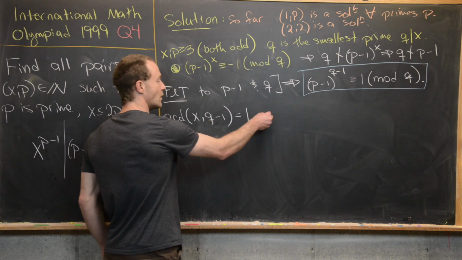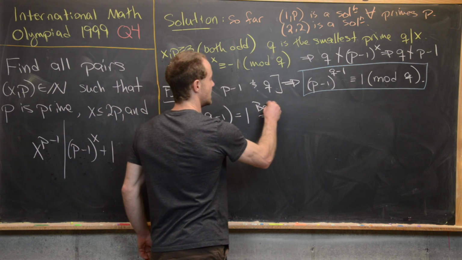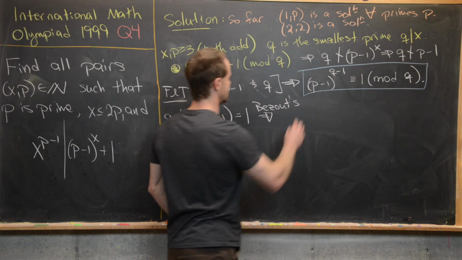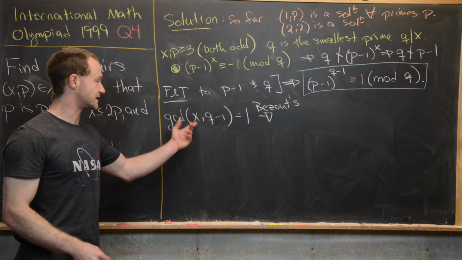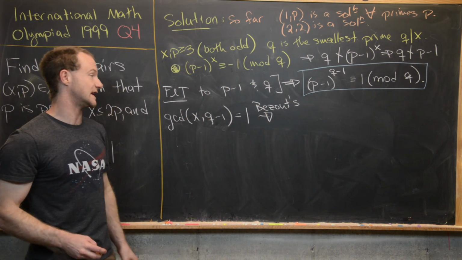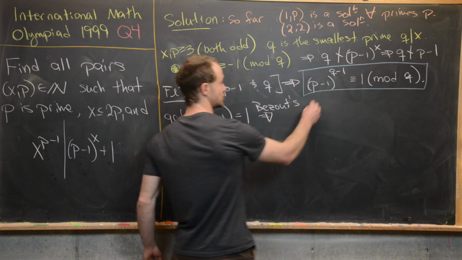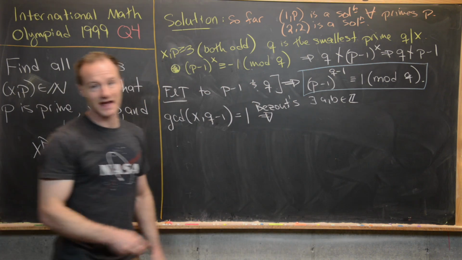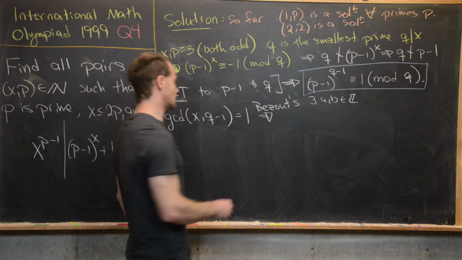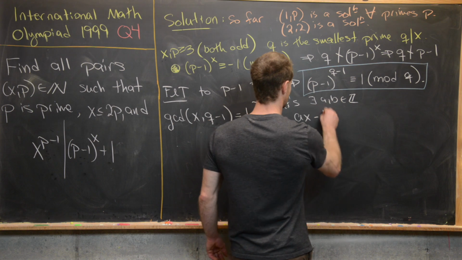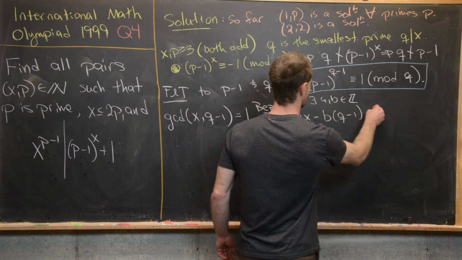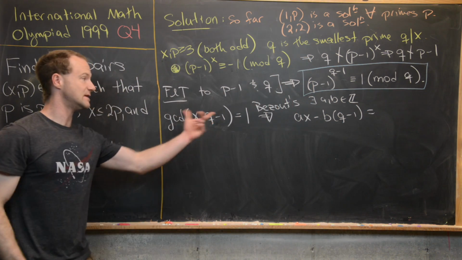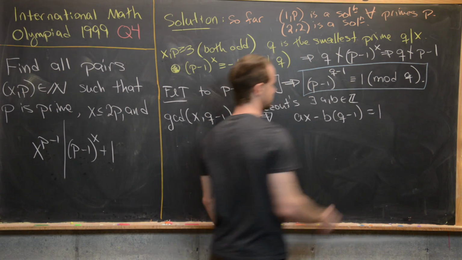Okay, so now what we want to do is apply Bézout's identity, in other words, the extended Euclidean algorithm, to show that there exist two integers a and b that satisfy the following rule. We have ax minus b times q minus 1 equals the GCD, but the GCD is equal to 1.